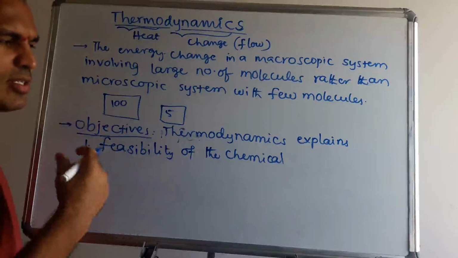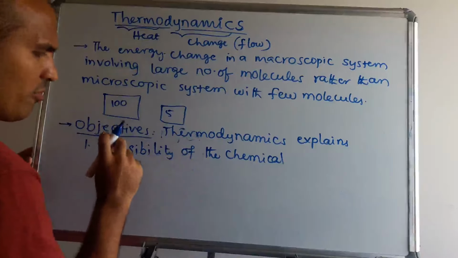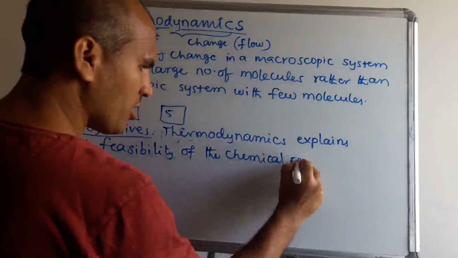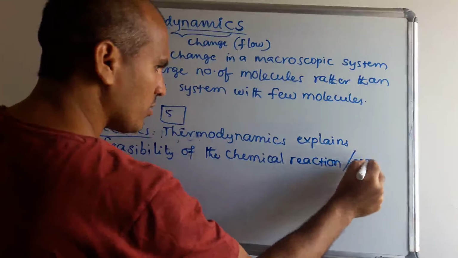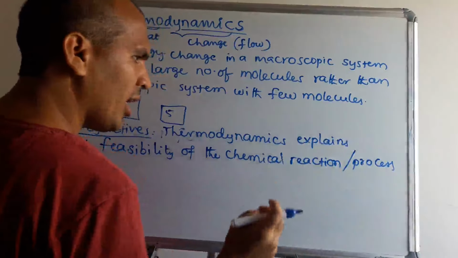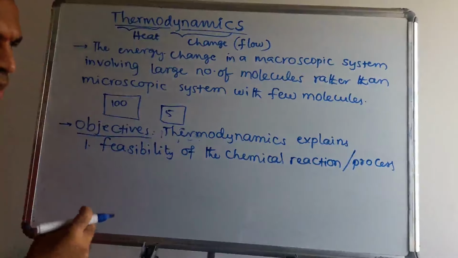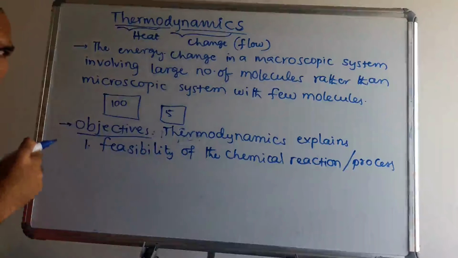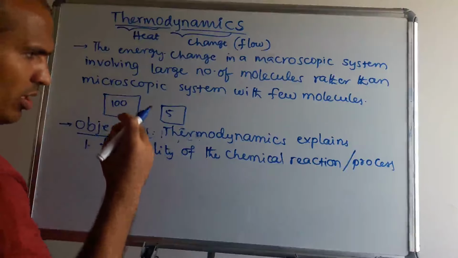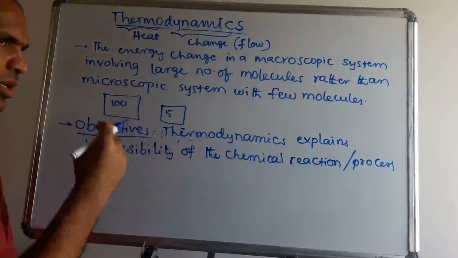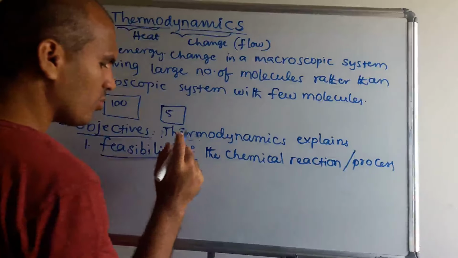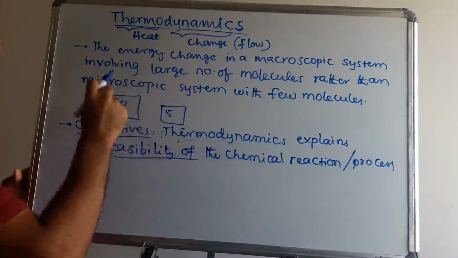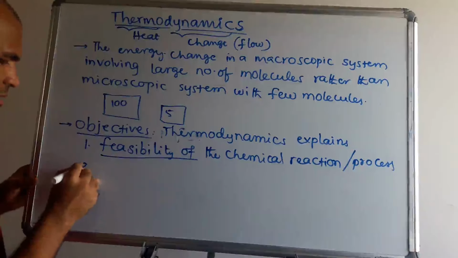In physics, generally it is called a process. That's why the feasibility of a chemical reaction or process. The energy change involved in a chemical reaction, how we will determine whether the reaction will proceed or not. It means the reaction occurs or not. Feasibility means the reaction will occur or not, which thermodynamics explains.